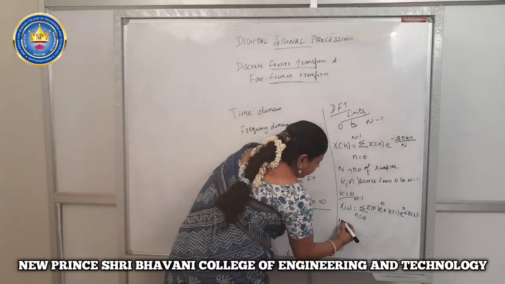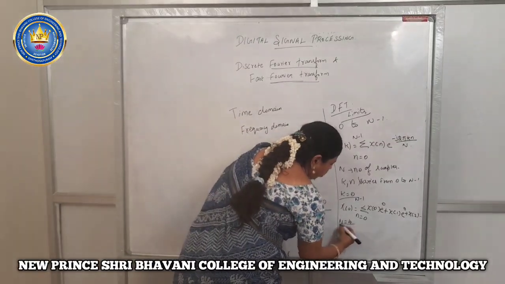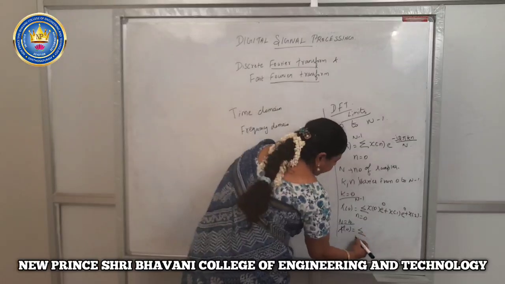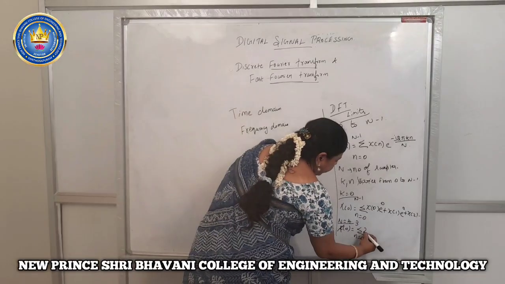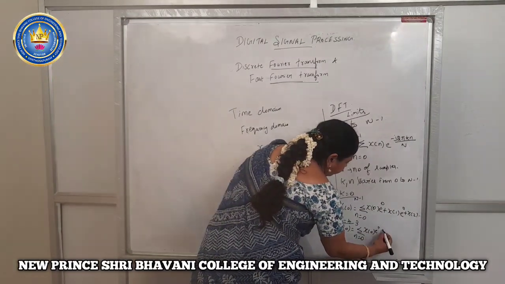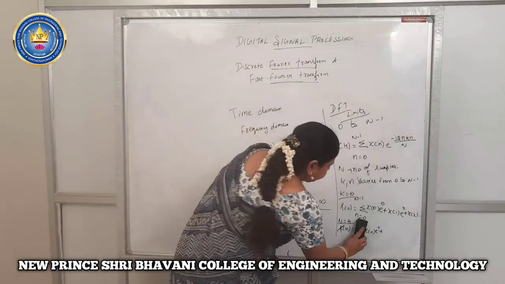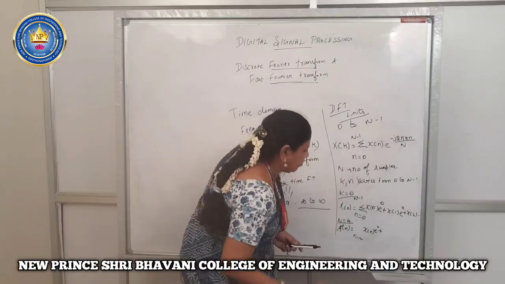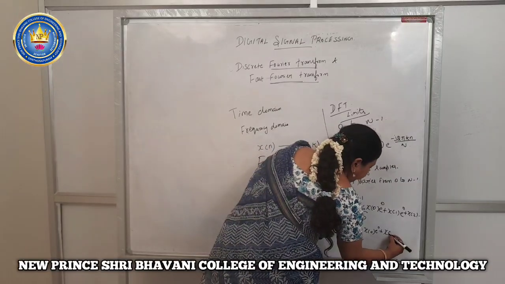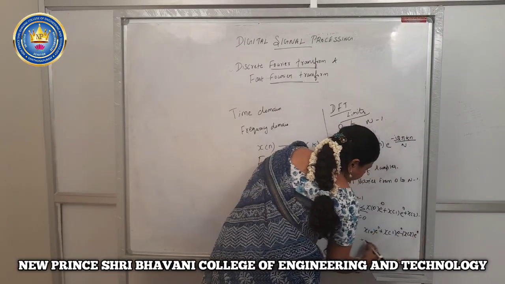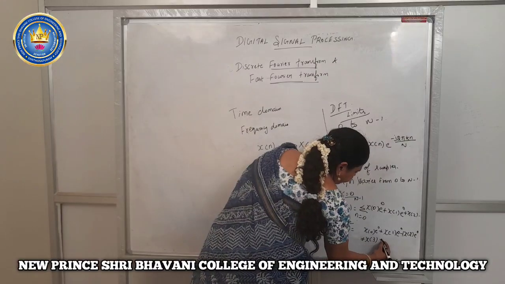For example, if N is equal to 4, I will have X of 0 equals sigma n equals 0 to 3, x of 0 e power 0 plus x of 1 e power 0 plus x of 2 e power 0 plus x of 3 e power 0.